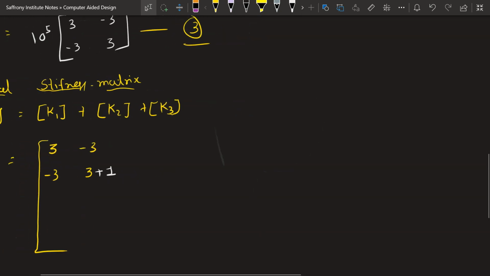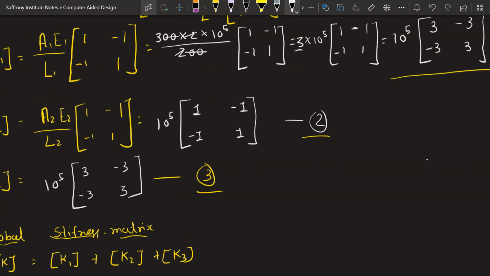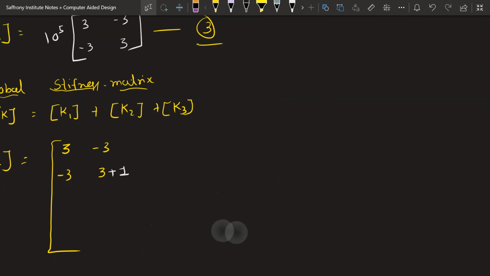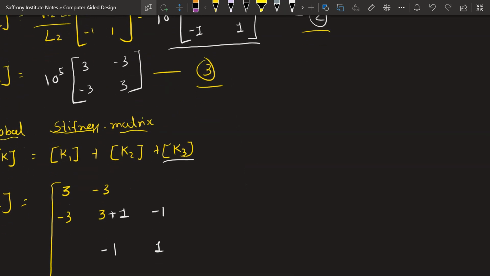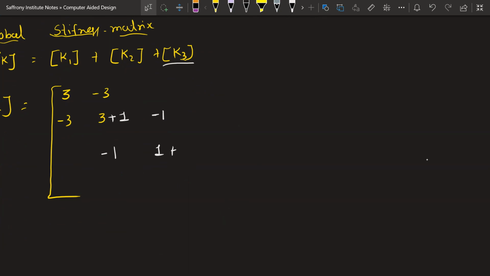I am talking about this one, this stiffness matrix, 1, minus 1, minus 1 and 1. And the third stiffness matrix, that is K3, you can see it here, 3, minus 3, minus 3 and 3. So simple, plus 3, minus 3, minus 3 and 3. I will just sum it up. So this is the total sum of all the matrices.